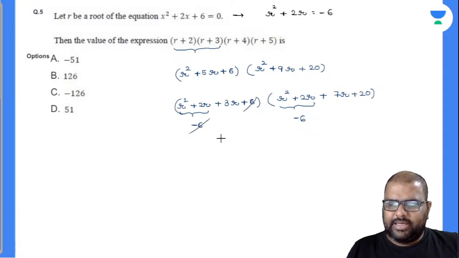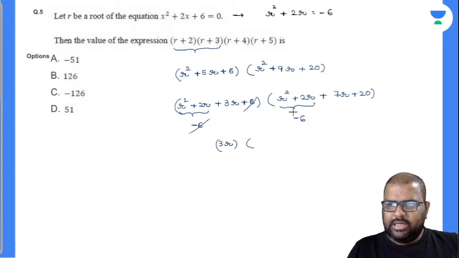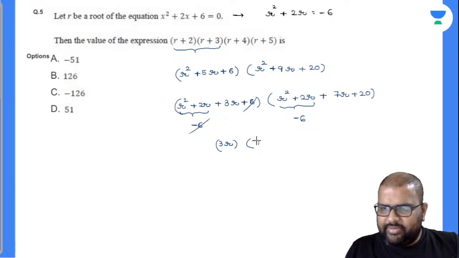Minus 6 plus 6 will get cancelled off, so 3r will be left over here. Now here how much will be left over there? Minus 6 into 7, so minus 42, 7r plus 14. And again, can I write down the same equation like this?